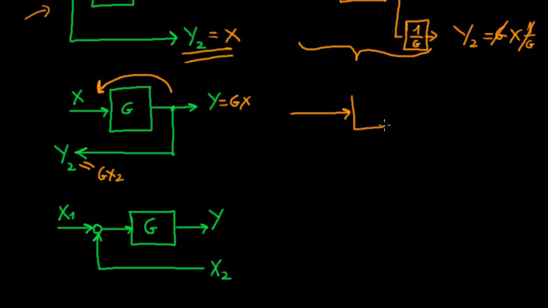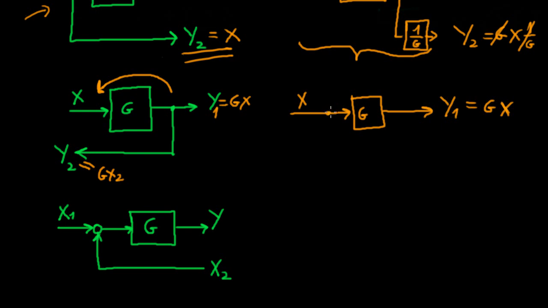So maybe we can do this. This is x, and this is y1, which is equal to gx. So far everything is alright.